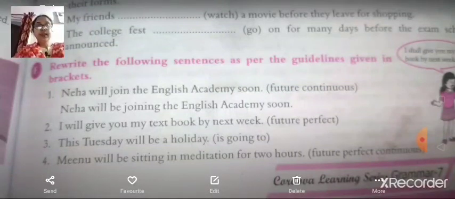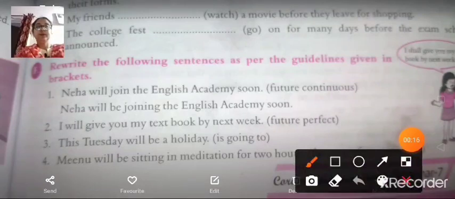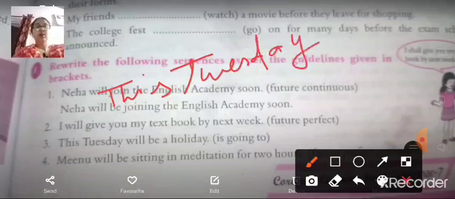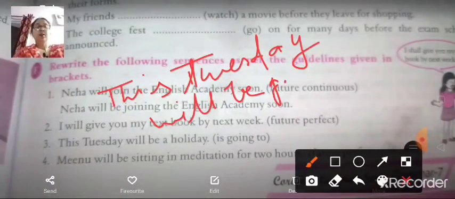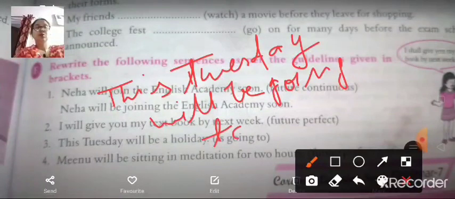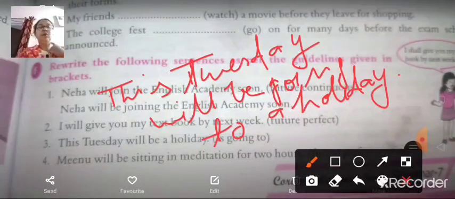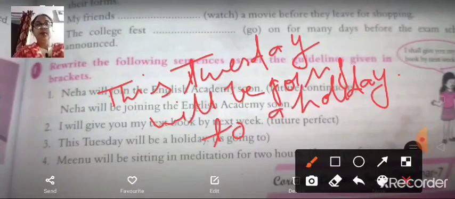So we are going to write this Tuesday will be going to a holiday, to be a holiday. So write down.